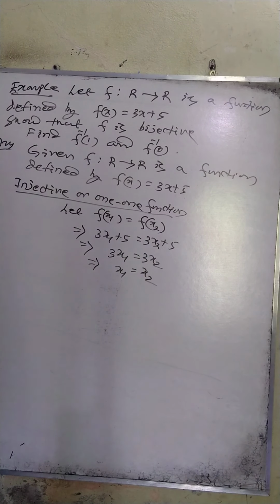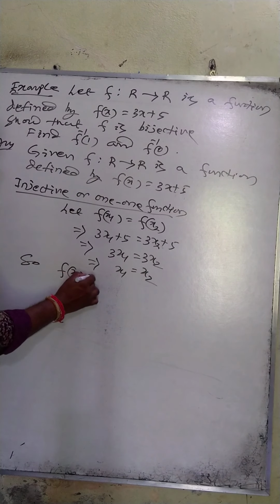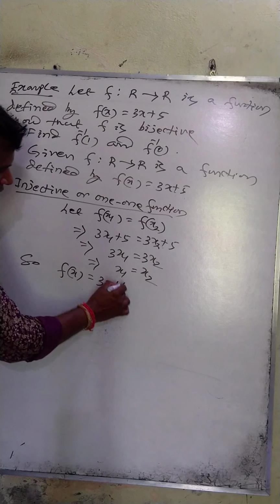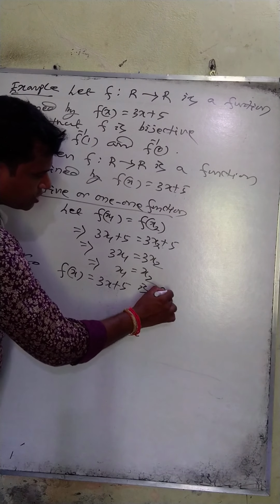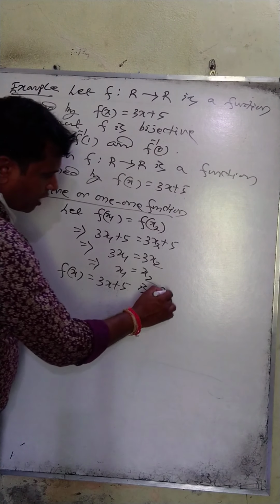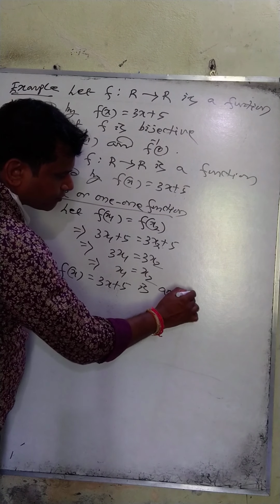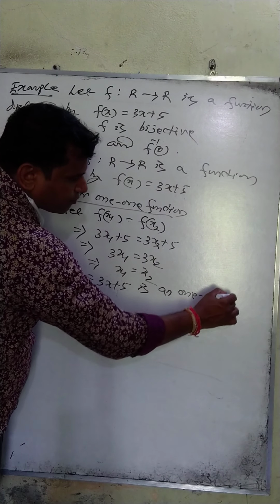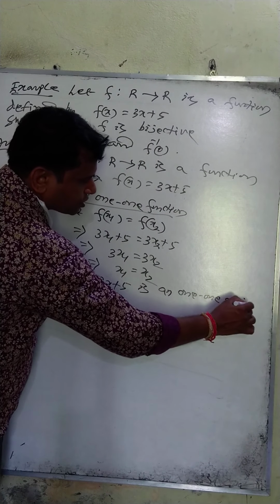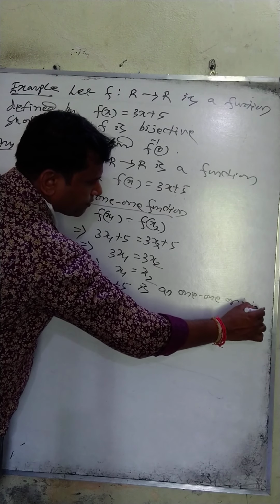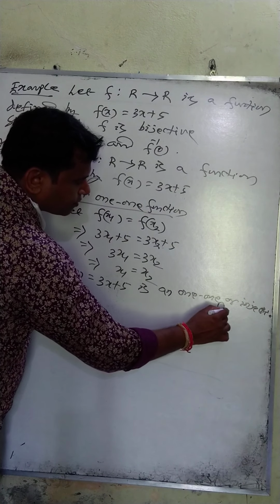So f of x is equal to 3x plus 5 is one-one or injective function.